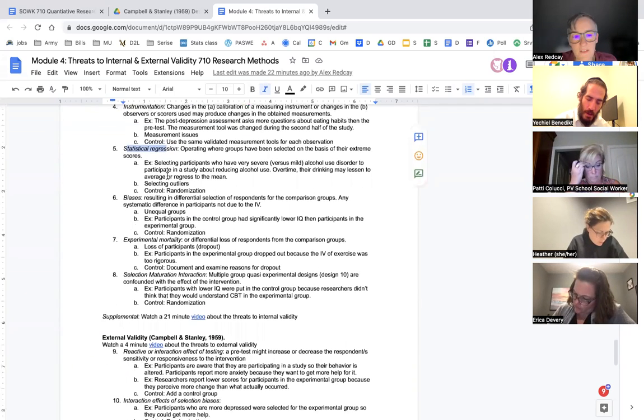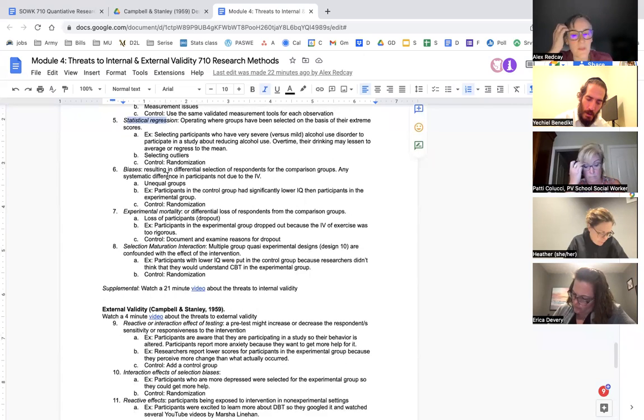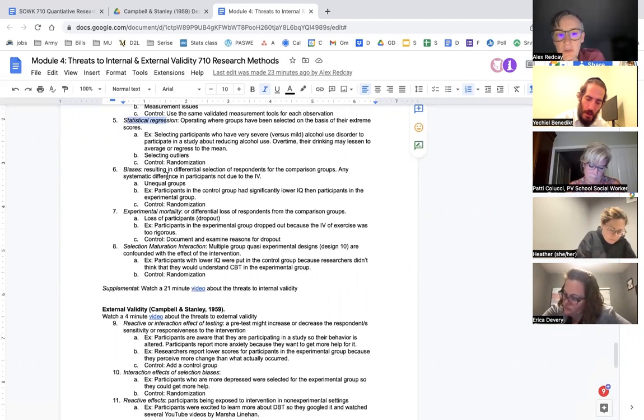Statistical regression. This is a difficult concept, but it basically means, okay, if you're studying people who have severe alcohol use disorder versus mild, you're picking a group because of the extreme issue. Well, at some point you will observe differences because of those differences.